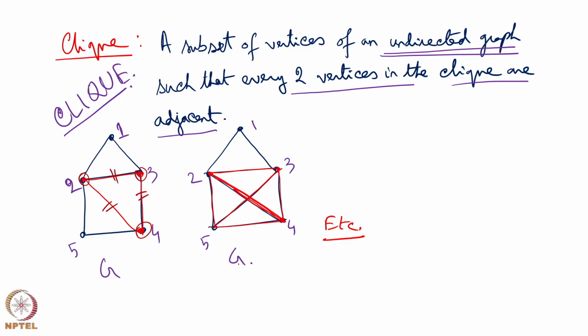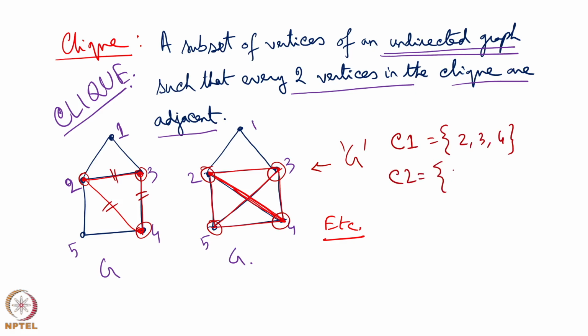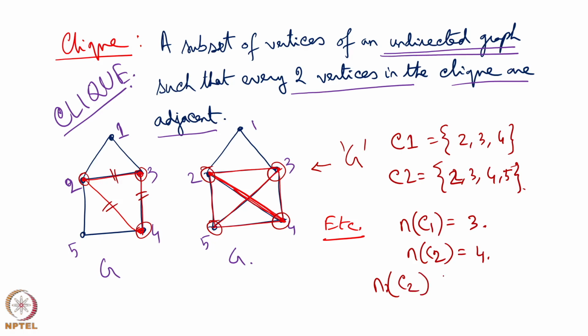Also over here is another case, a subset of vertices 2, 3, 5 and 4, they are adjacent to each other. So, for the same graph G, we have a clique and another possibility, and you can see that NC1 equal to 3 and NC2 is equal to 4. Therefore, you can say NC2 is more than NC1.